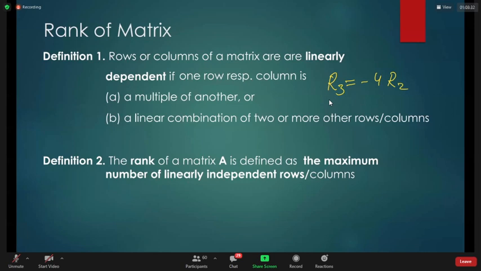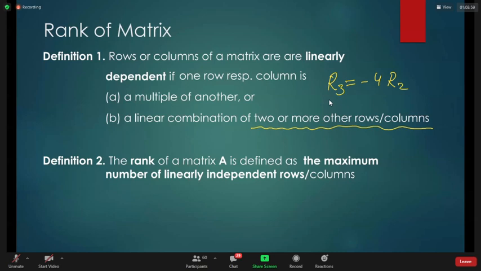And this simply means that I can eliminate row 3 using row 2, right? Because if I multiply row 2 by 4, add it down to this row 3, I will eliminate it. That's why we are interested in these linearly dependent things, or a linear combination of 2 or more other rows.